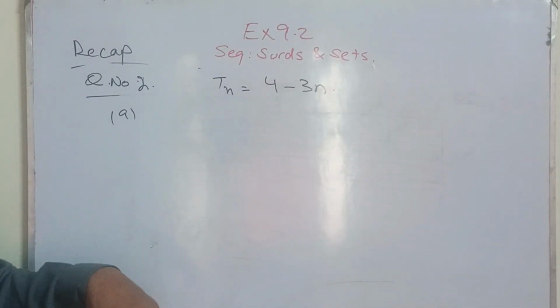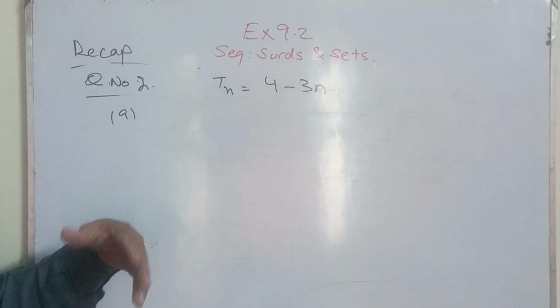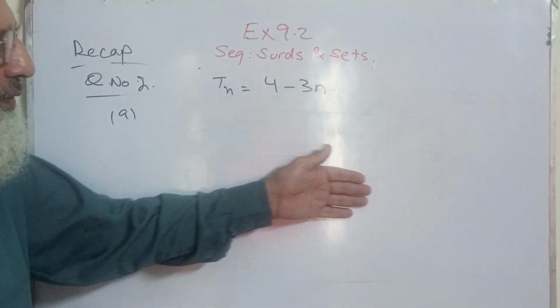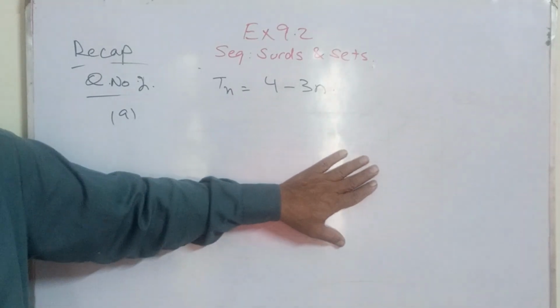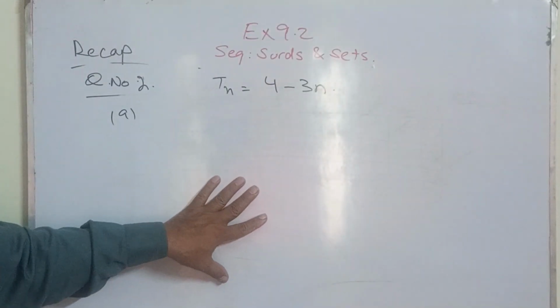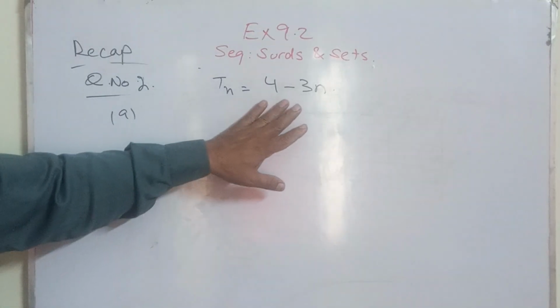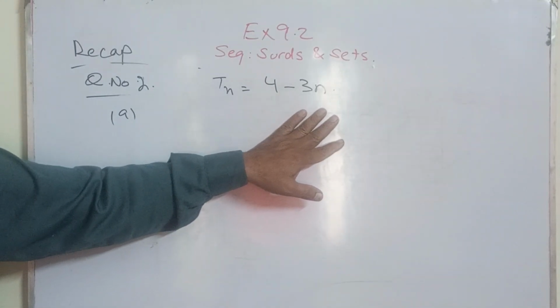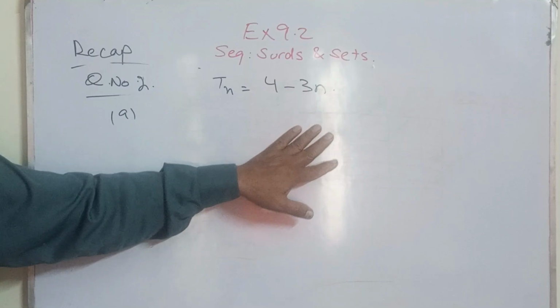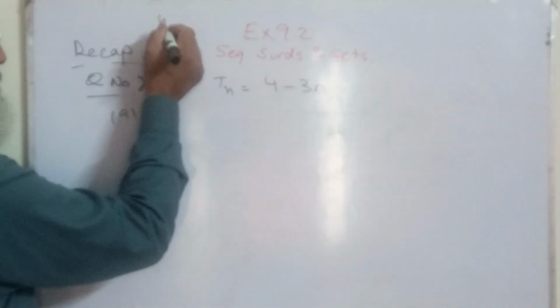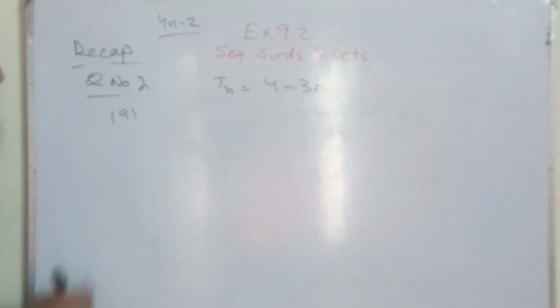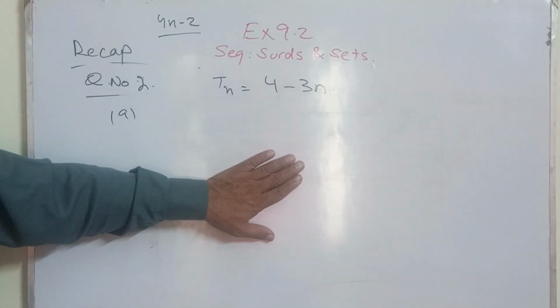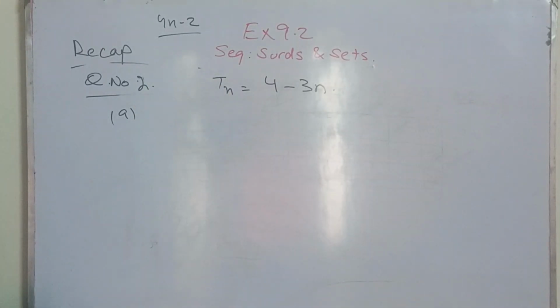You just watch that I formulated a formula like this in my recap. That was 4n minus 2, just done in our recap example.